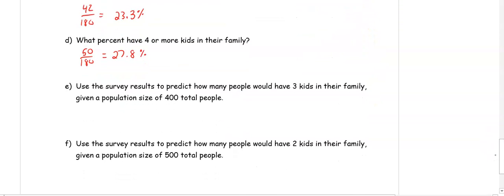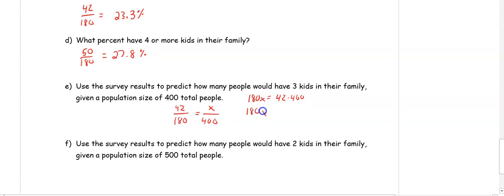Using the survey, predict how many people would have 3 kids in their family given the population size of 400. So we know that there were 42 out of 180 had 3 kids in the family. We want to know how many out of 400 would have that. So when we cross multiply, we get 180x is equal to 42 times 400.